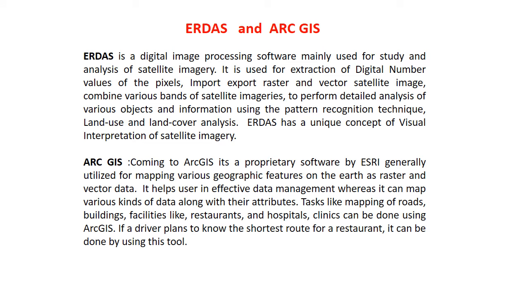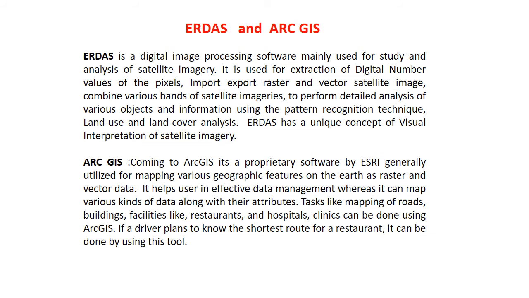ESRI, generally utilized for mapping various geographic features on the Earth as raster and vector data. GIS helps in effective data management where it can map various kinds of data along with their attributes. Tasks like mapping of roads, facilities like ATM machines, restaurants, hospitals, clinics can be done using ArcGIS.